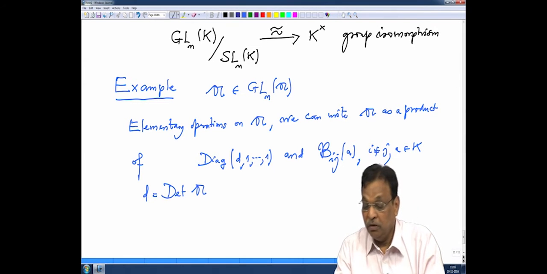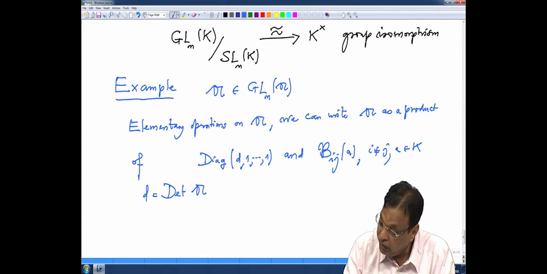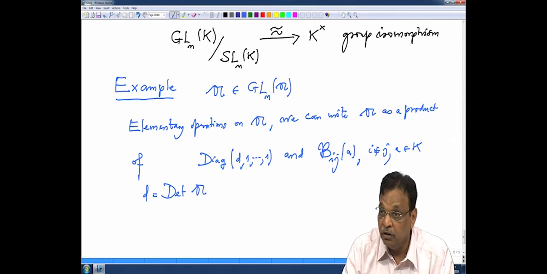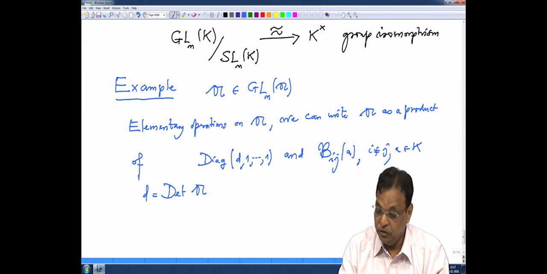So, therefore, the group GLN is generated by this type of diagonal matrices and the elementary matrices of special type. They are the ones of type 2, I think, in that notation. So, this is very important.